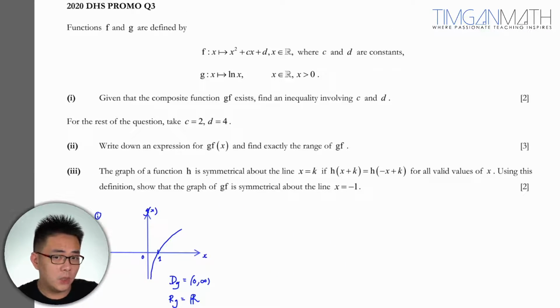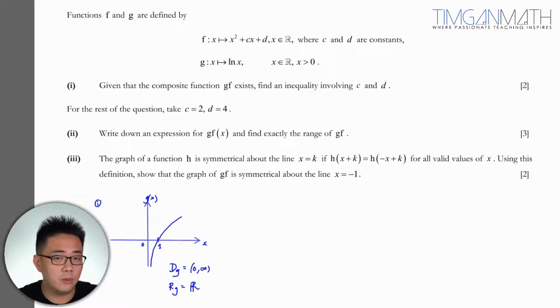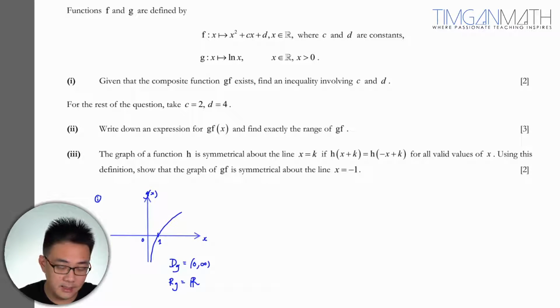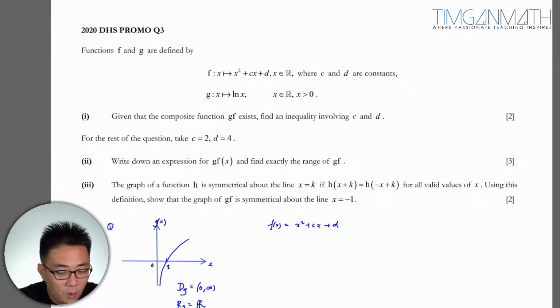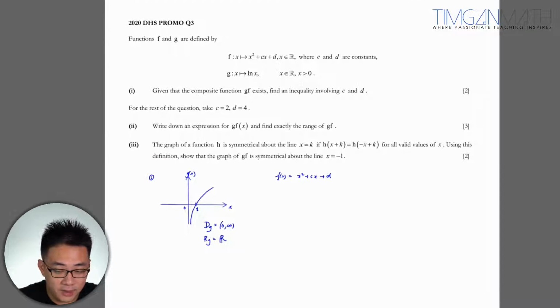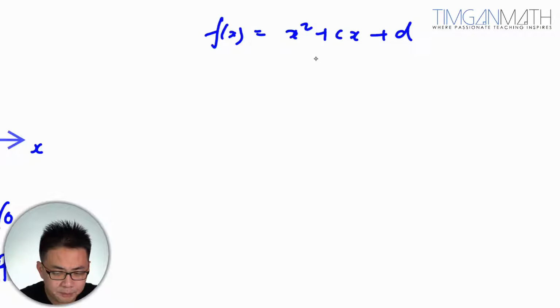Now the next thing is we need to find f(x). f(x) is x squared plus cx plus d. This is a smiley face, so we need to find the minimum point.